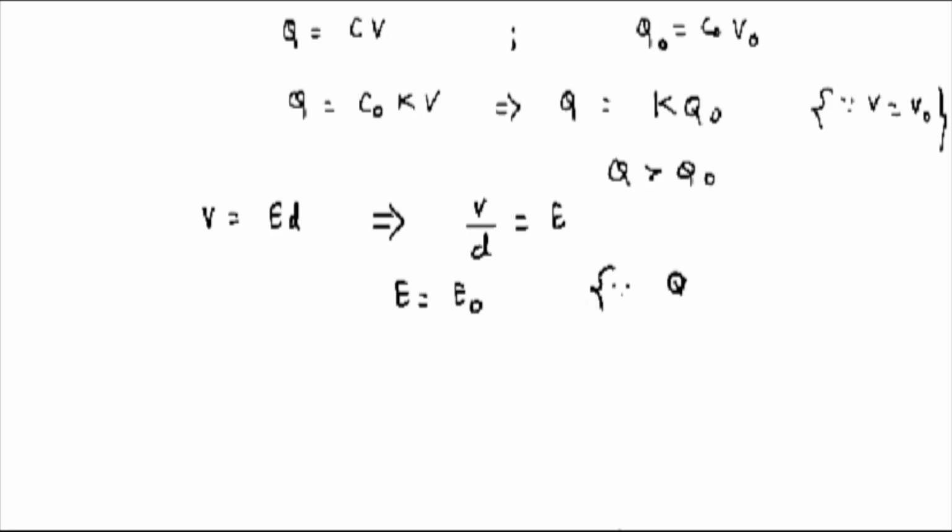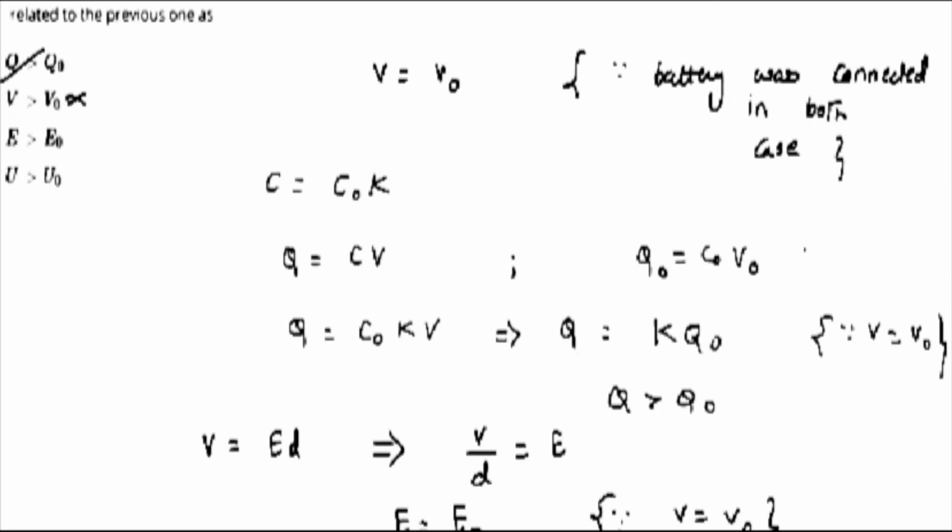Here we can give a reason: since again V equals V naught, both quantities are the same, and D cannot change, that is the distance between the plates of the capacitor. So the distance will remain unchanged, so E equals E naught. So this option is also an incorrect option.